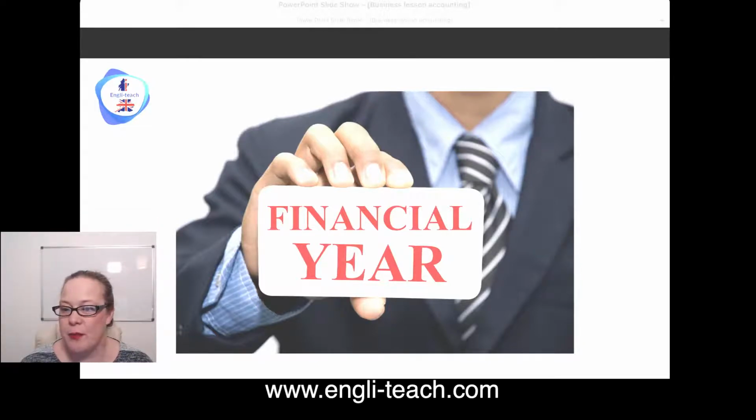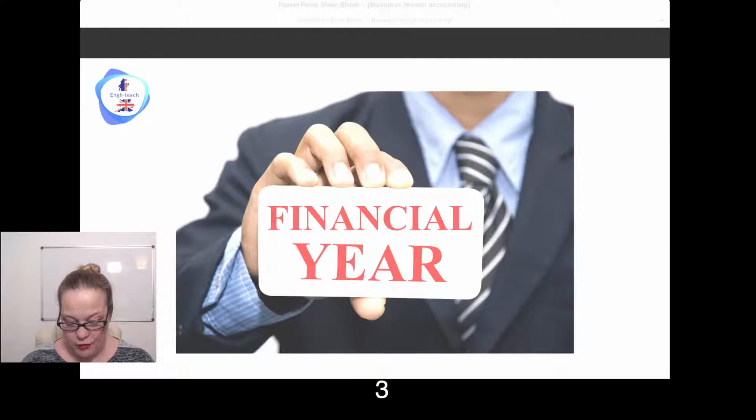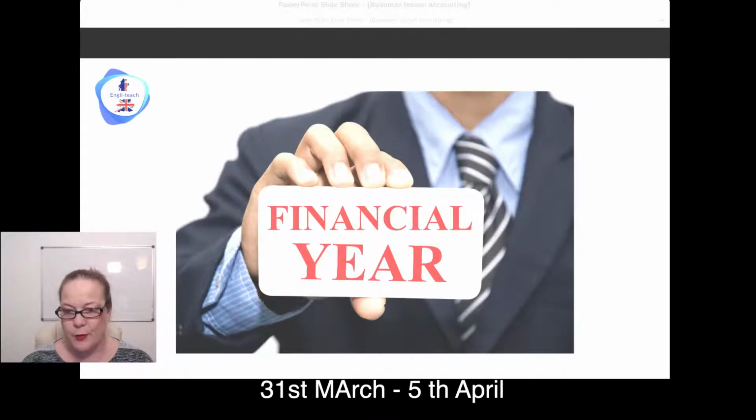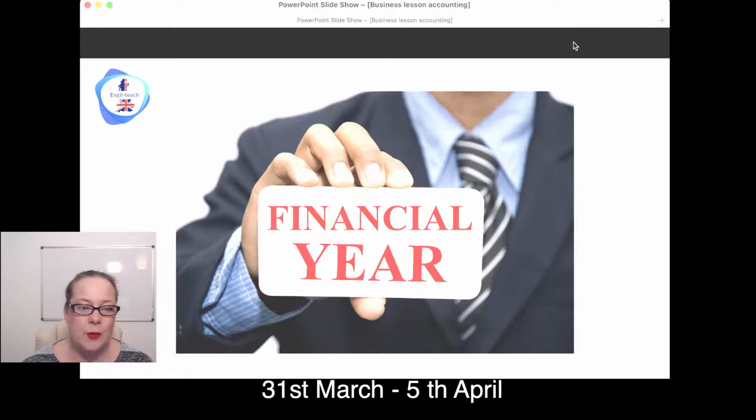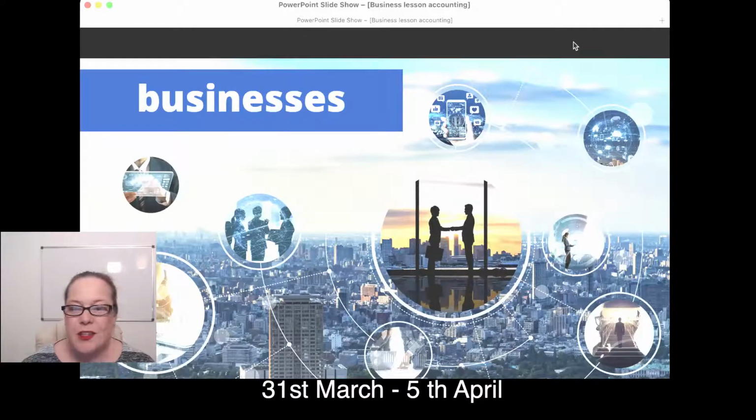Okay, April to April most of the time, or the 31st actually. The 31st of March, I think it's to the 4th or 5th of April. I should know this because we are about to do our end of year accounts. Our end of year accounts.